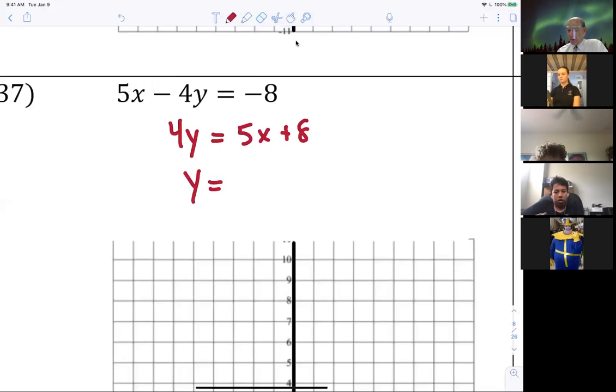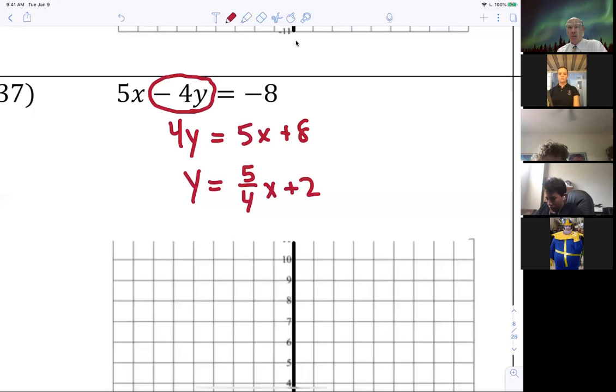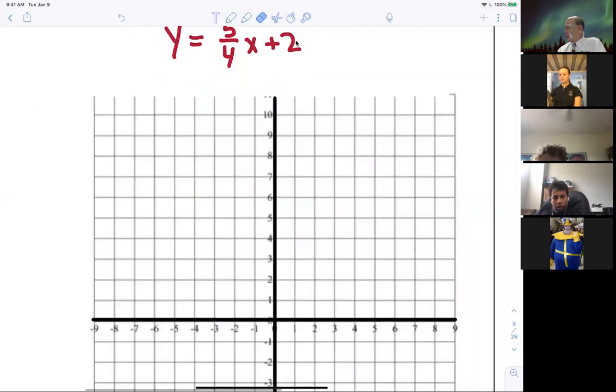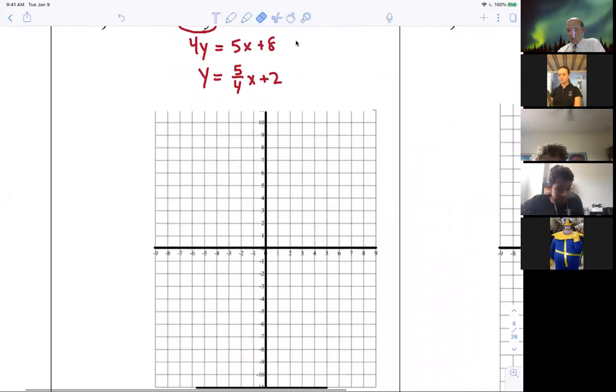You're right. So what do I have? Brilliant. Well, what he did, remember, last year I taught you, I always like the y to be positive. So I just moved the y over here and then moved the 8 over here. You with me? Then you don't have to deal with the negative. Okay. Bo, graph it for me.